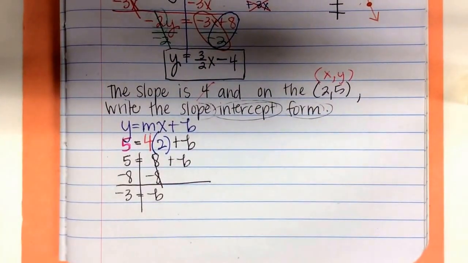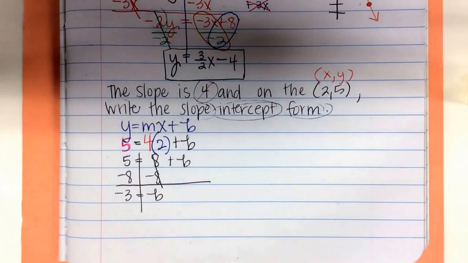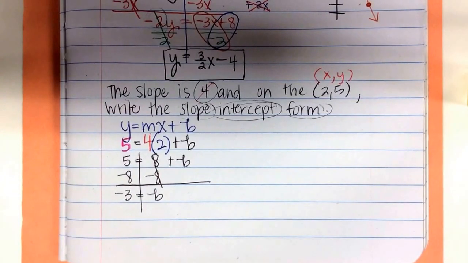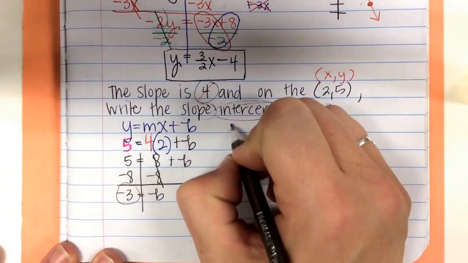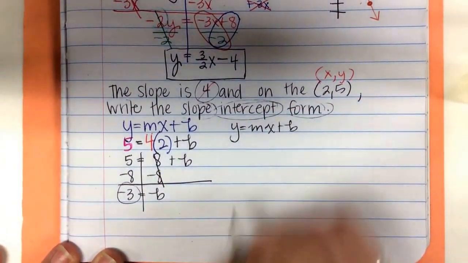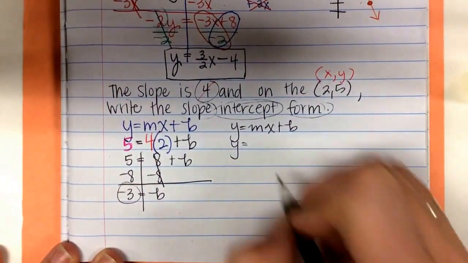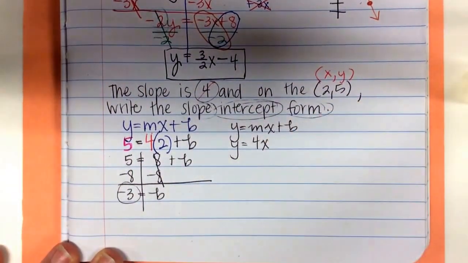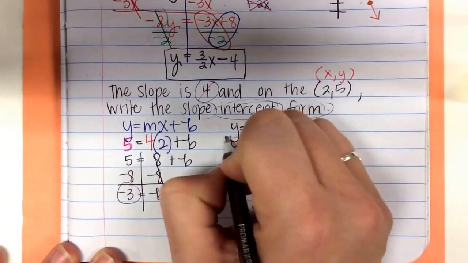Do you know the slope? What's the slope? 4. Do you know the intercept? Yes, what's the intercept? Negative 3, let's write it. Y equals mx plus b. Y equals what? 4x minus 3.